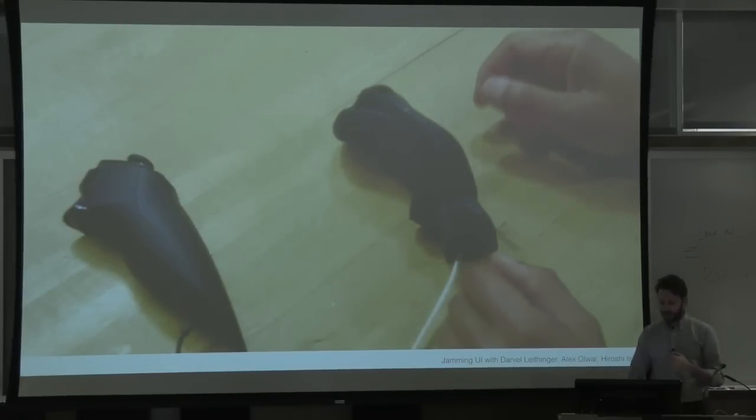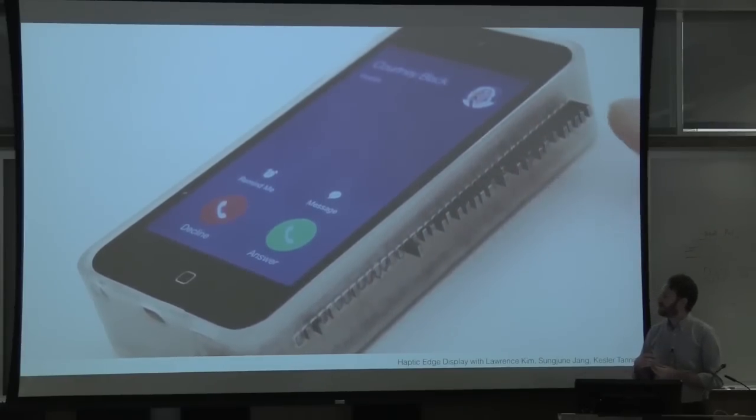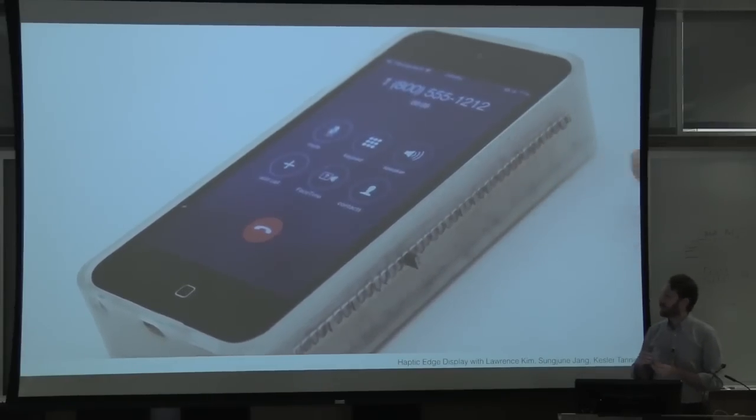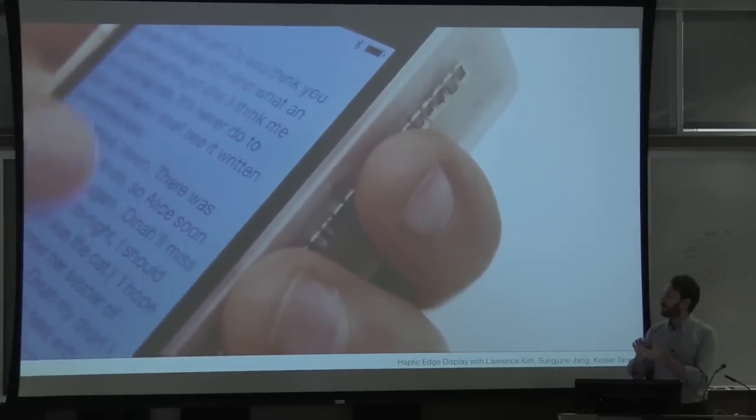Then at Stanford, we've been thinking about how we can merge these more radical shape-changing mobile devices with more traditional mobile devices. We have a paper that was presented at CHI 2016 about this haptic edge display, which has all of these small actuators on the edge of a mobile device.